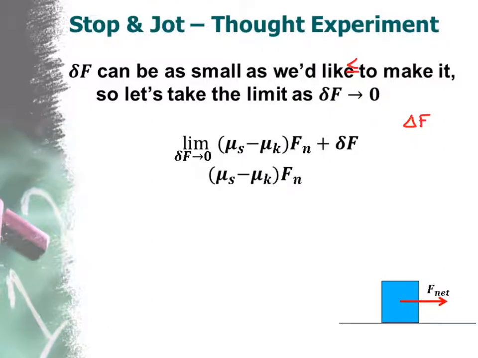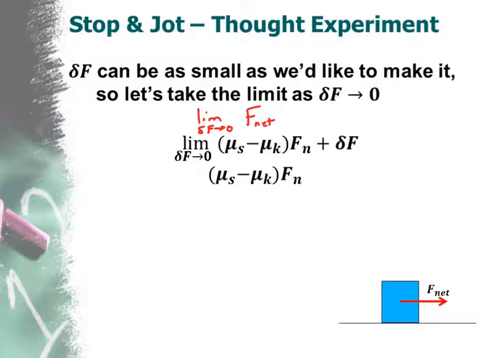Okay, let's continue our thought experiment. Now, this little delta F can be as small as we'd like to make it. So let's take the limit of this little delta F as it goes to 0. Basically what I'm doing here, I forgot to write this down here, I'm taking the limit as little delta F goes to 0 of our net force.